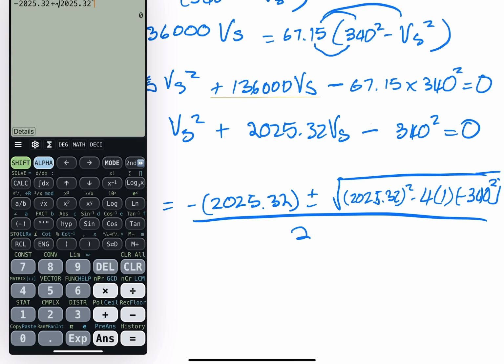Now remember, negative times a negative would be a positive, so I'm just going to make that positive, plus 4 times 340 squared, and that gives me that answer there, and all of that divided by 2.